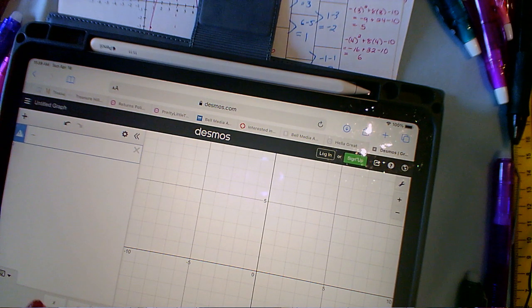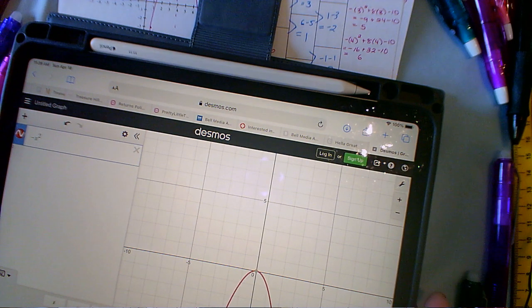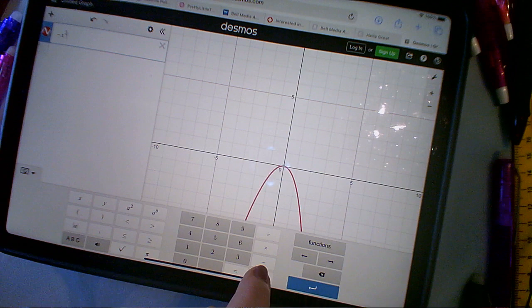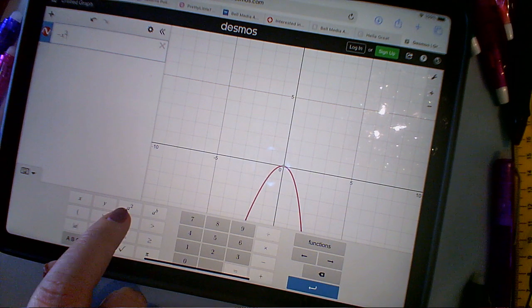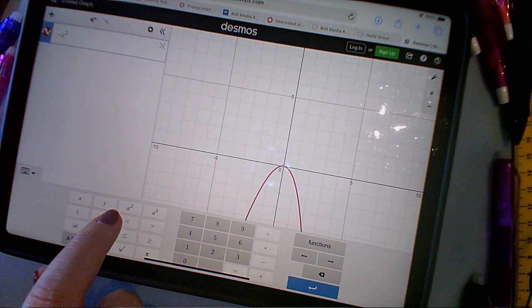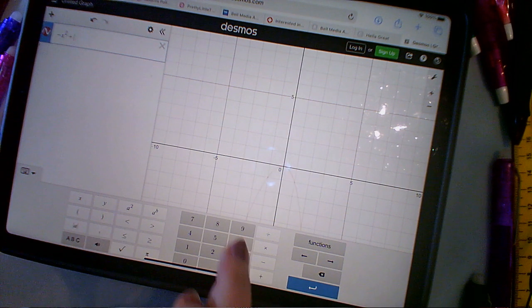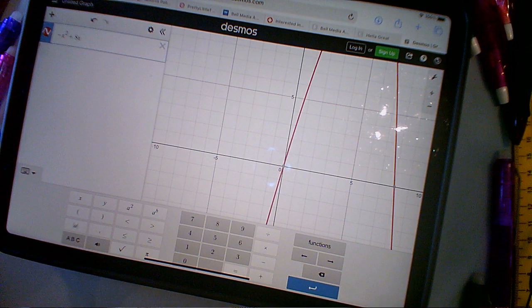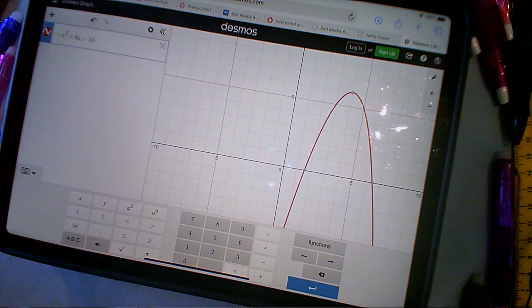In this case, they let you use the subtract sign as negative. So I type negative x squared, plus 8x, and then minus 10. And there's our graph.